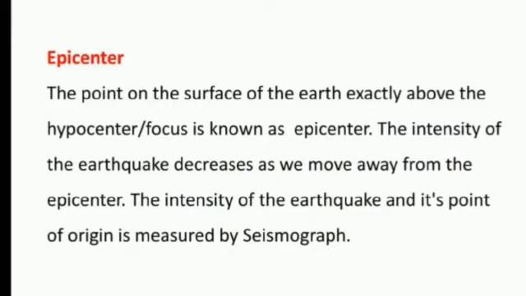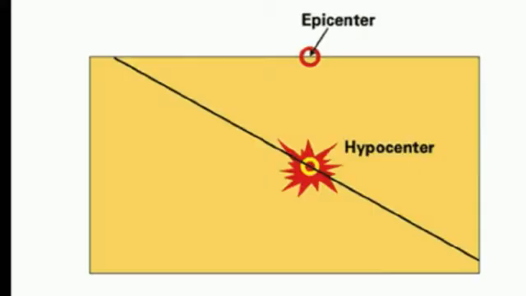The intensity of the earthquake decreases as we move away from the epicenter. So maximum damage happens if the area is located near the epicenter. But if the places are away from the epicenter, then comparatively the destruction will be less. So the epicenter is the center from where the vibrations actually spread out.